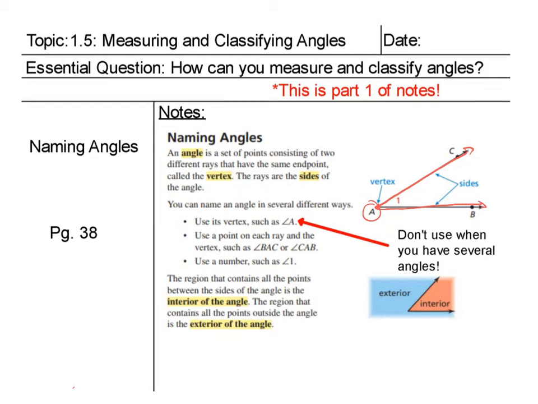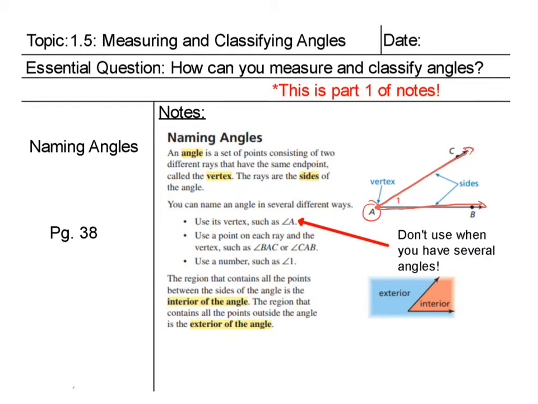It says you can name an angle in several ways. You want to be very cautious of using just one letter to name an angle. The only time that's acceptable is if you don't have a bunch of angles connected.